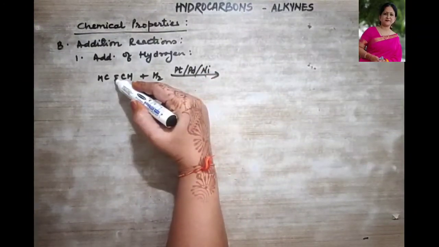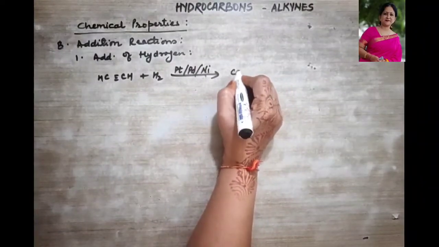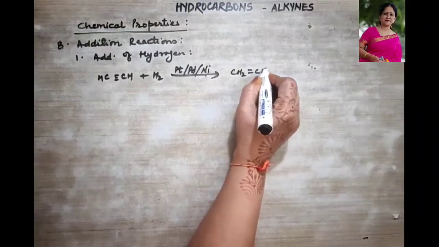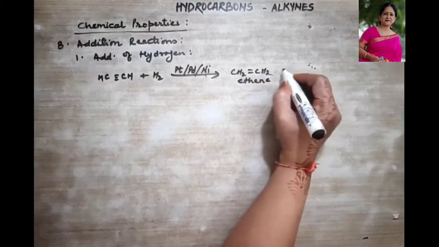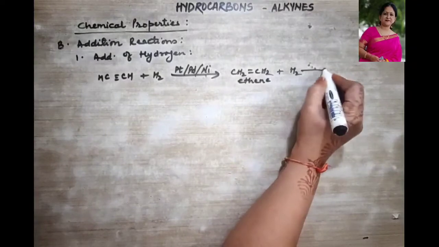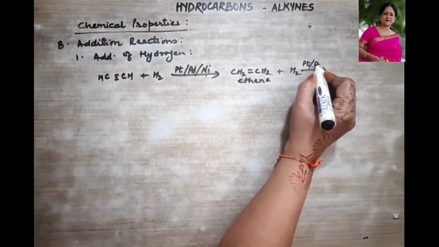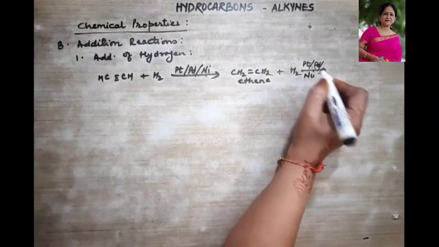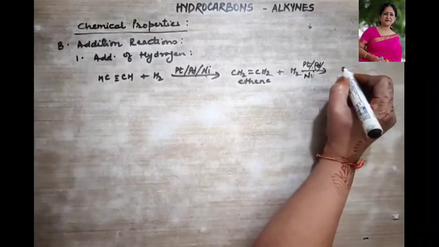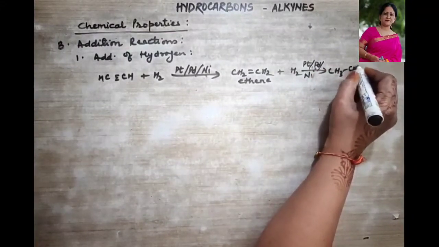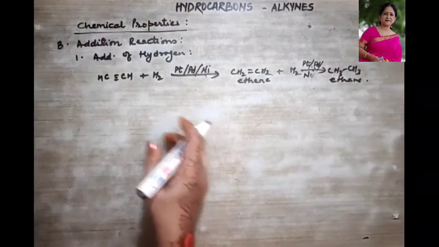And one bond will be removed and it is going to form CH2 double bond CH2, that is your ethene will be formed over here. Further, if we add more hydrogen in the presence of the same catalyst, platinum or palladium or nickel, then it is going to form alkane, that is CH3CH3, your ethane. Clear?